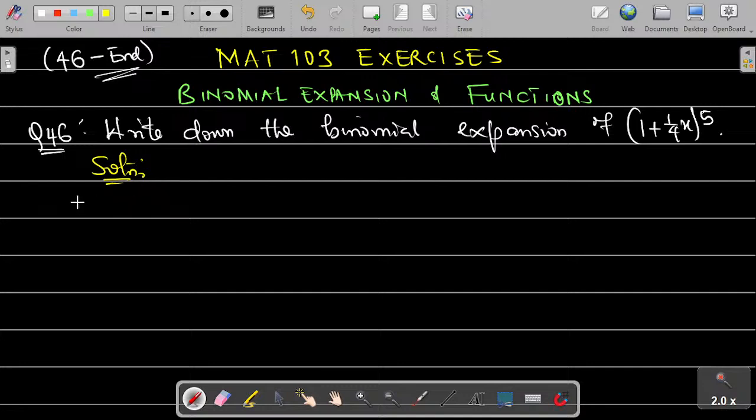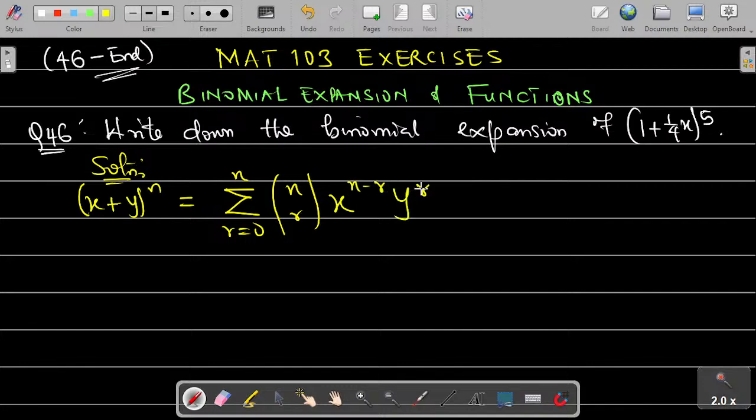Of course, by formula or by definition of the binomial theorem, we are told that if we have x plus y to the power of n, it is equal to the sum from r equal to 0 to n of n combination r, multiplied by x raised to the power of n minus r multiplied by y raised to the power of r.